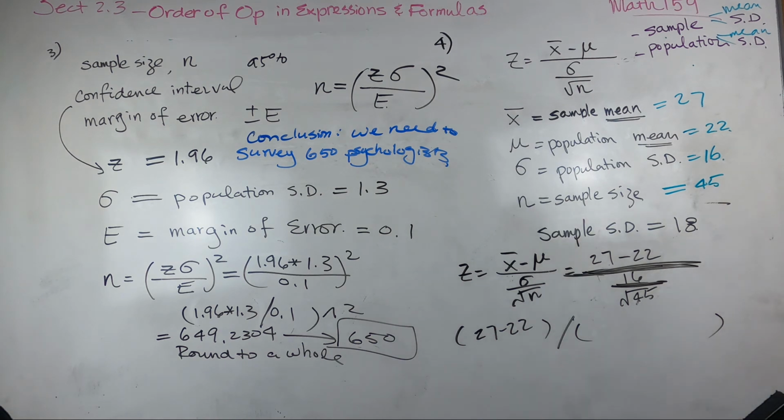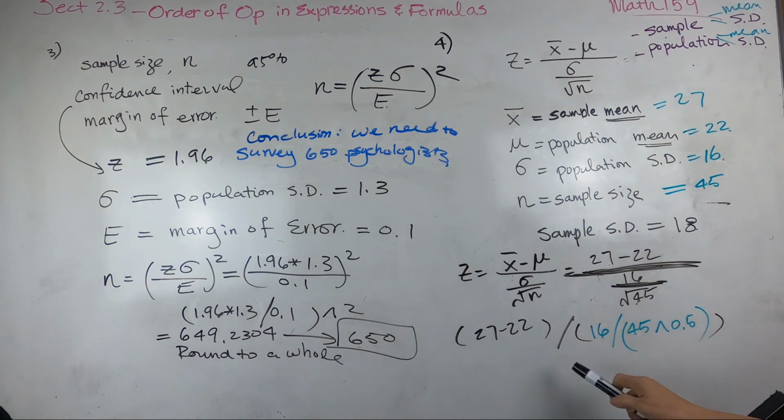How about the denominator? Denominator is 16 divided by the square root of 45, you use the 0.5 power. It's better to put a parenthesis. But if you don't, you still get the same answer because you will do the power first by order of operations. But we just use the parenthesis this way.